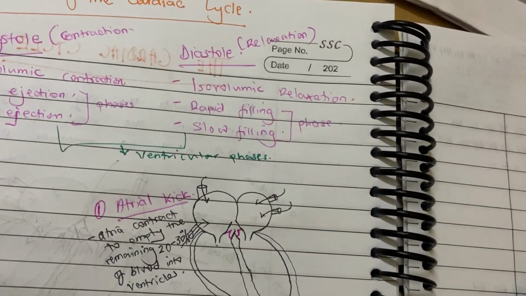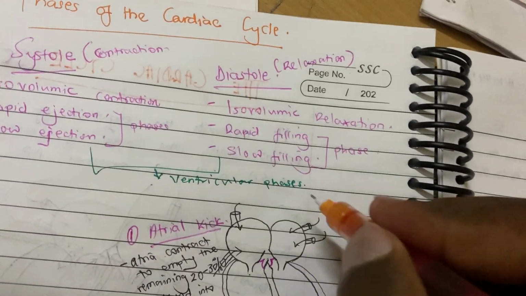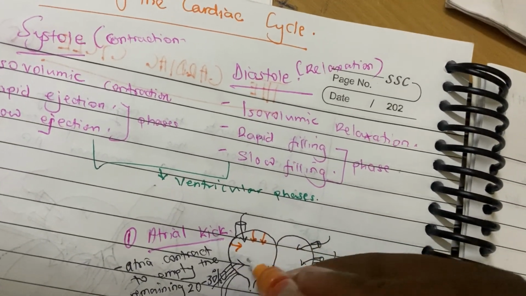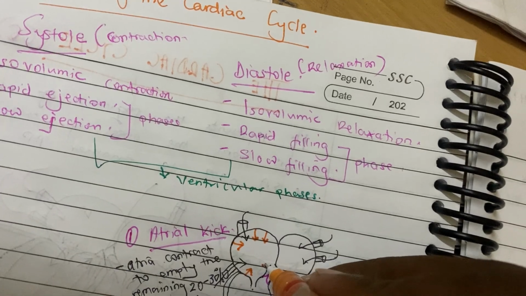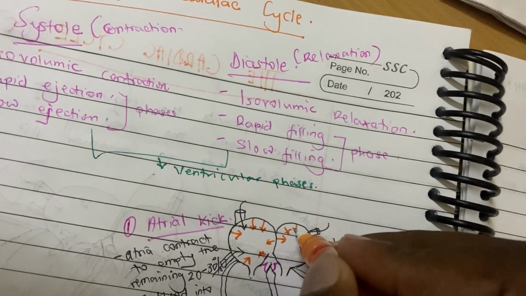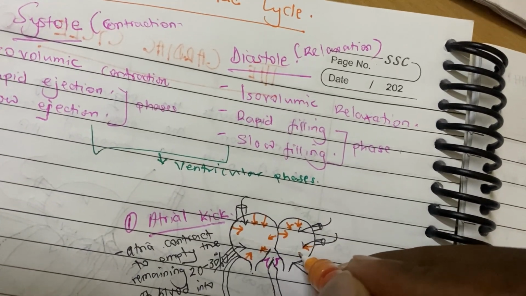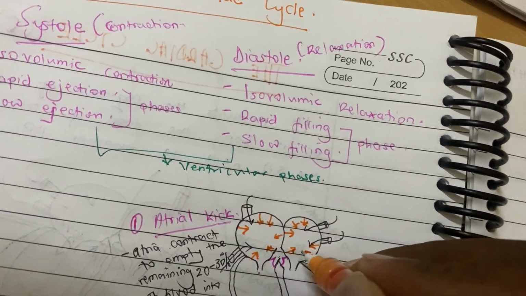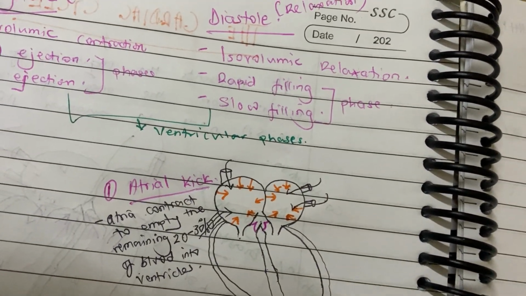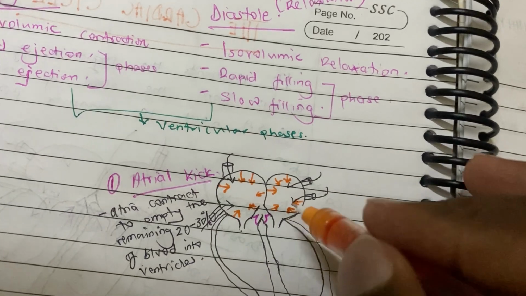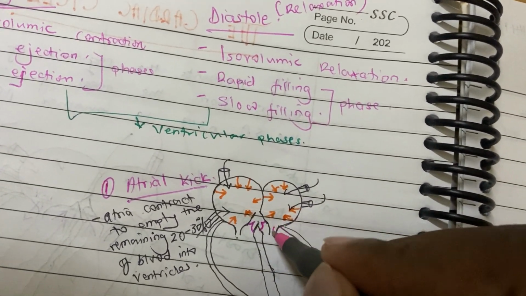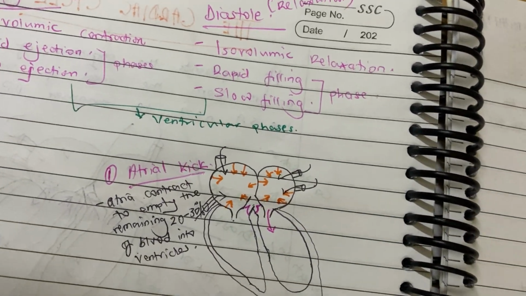In this one, I'm going to indicate contraction as these inward pulling arrows. These arrows in orange pointing inwards are showing contraction. So with the contraction, 20% more blood enters.